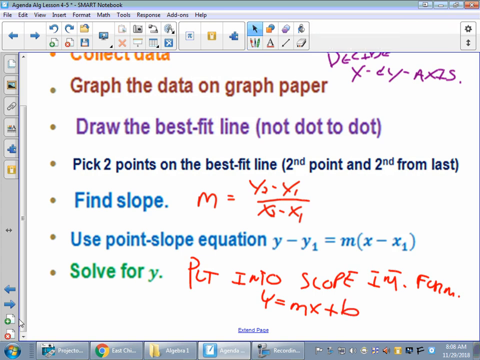So after we found the slope, we can use one of those points and that slope to put it into point-slope form and solve for y, basically put it into y equals mx plus b form, and that would be your final equation.